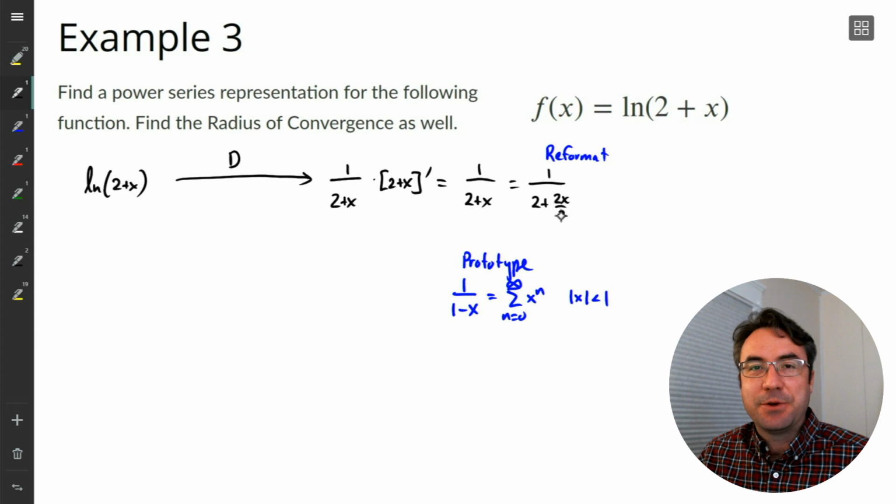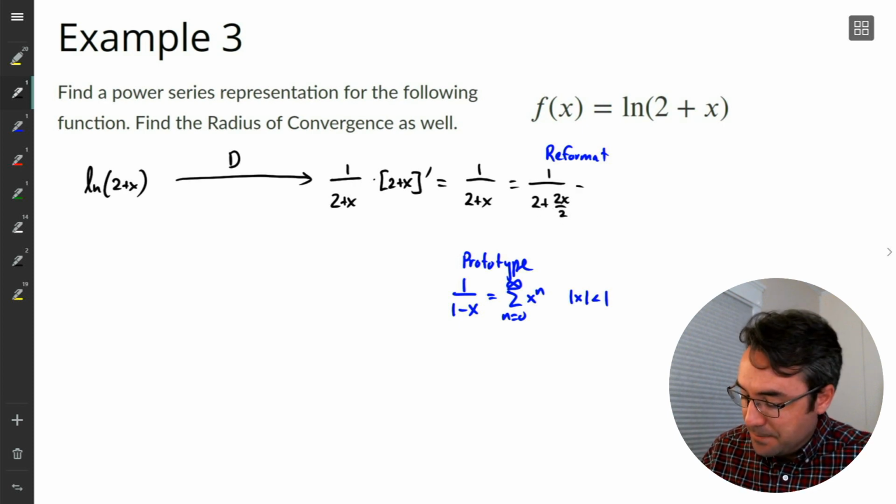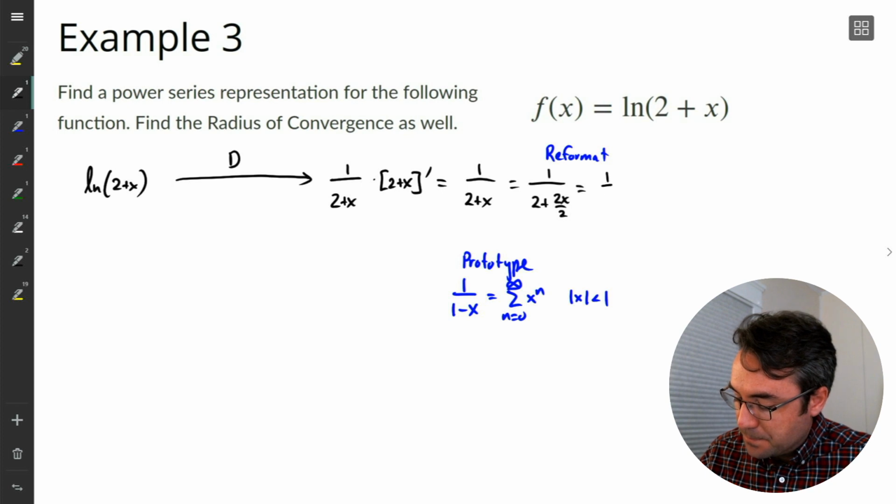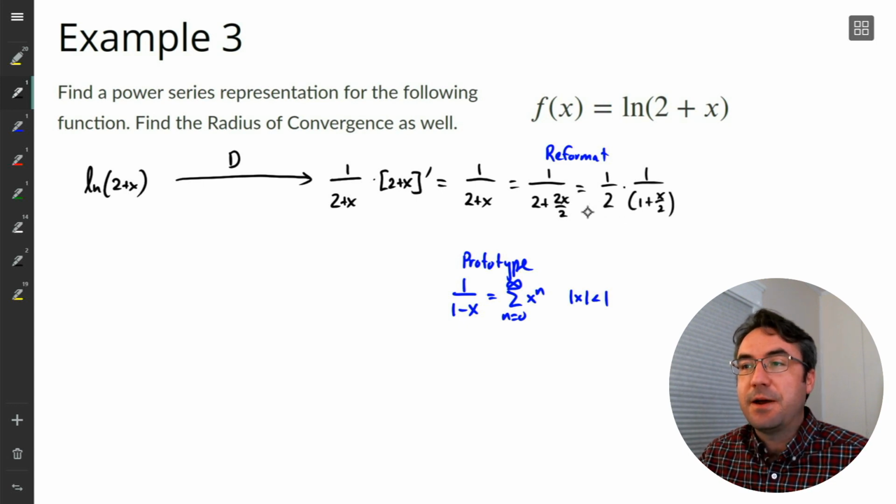Now why we're doing this is so we can factor out a 2. So if we factor out a 2 from the denominator, there's a 2 here, there's a 2 here, factor that out, and we're going to break that into its own separate fraction.